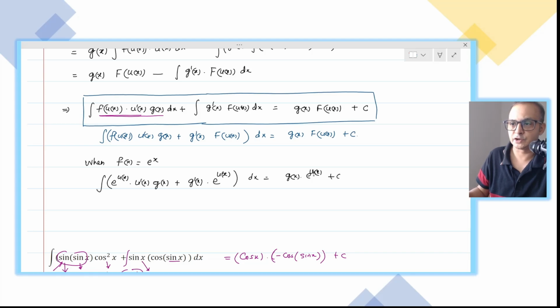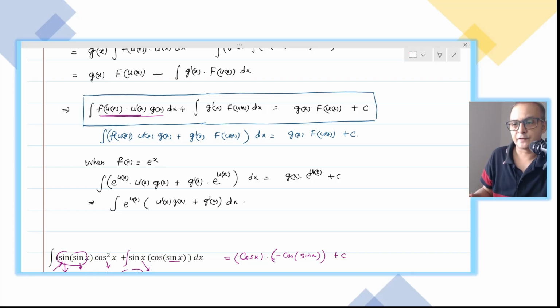But to frame a question, now one tricky thing is happening. To frame a question, you can bring this e to the power u(x) out, and so we have u'(x) g(x) plus g'(x).